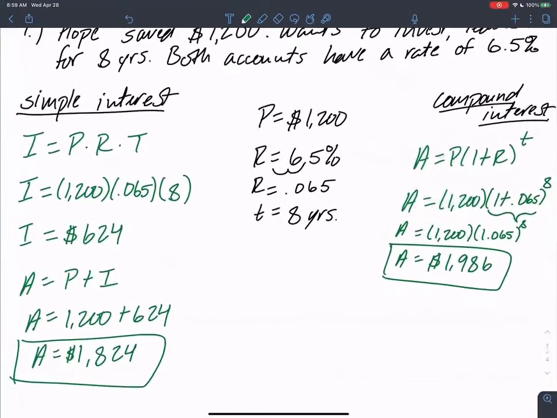You see the difference? That's about $150, give or take difference. That's hefty.